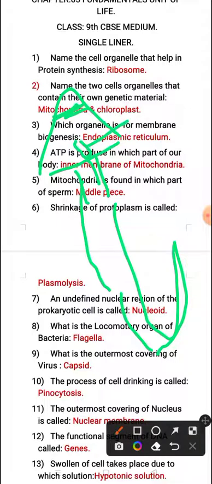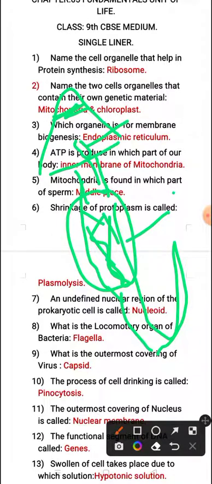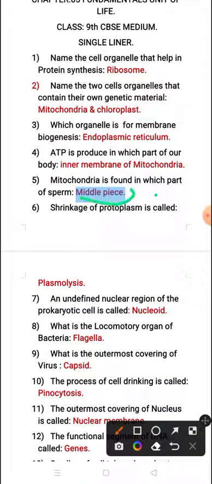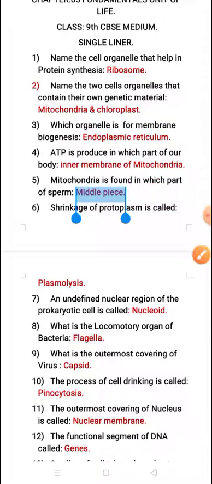This is your neck region, and this is the middle region, where mitochondria are present. The tail helps in movement. This is the diagram of the human sperm. So mitochondria is found in the middle piece.